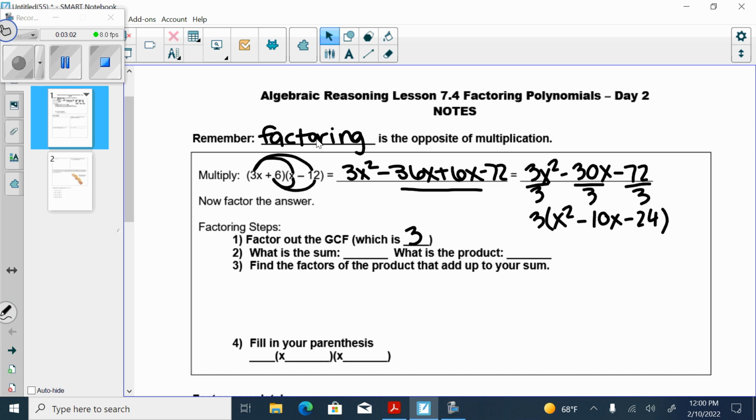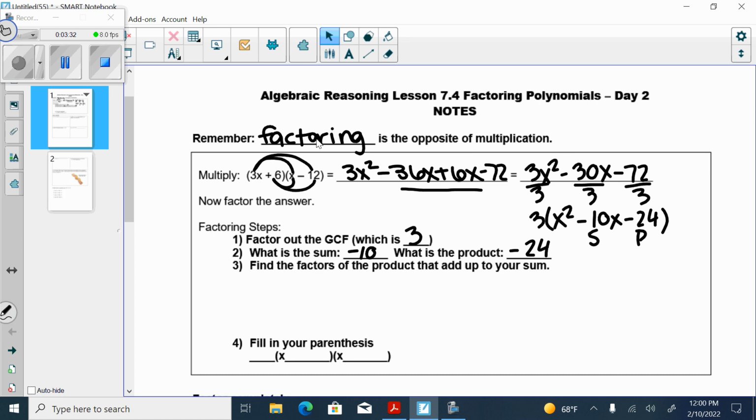Step 2 says we need to identify the sum and the product. Okay? Remember, our sum is going to be the term that's in the middle in front of the x, and our product should be the constant, the one that doesn't have any variables for it, and it should be at the end. Okay? So what is our sum? Good. And what is our product? Very good.